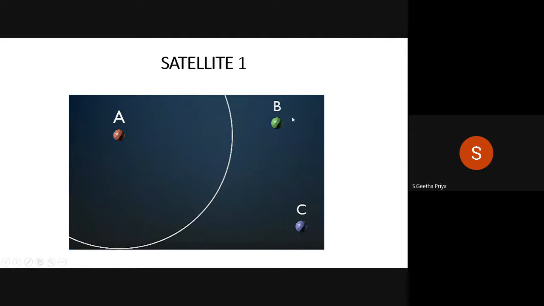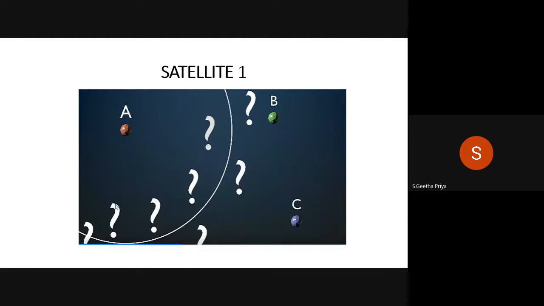In this image, see that A is satellite one, which is going to emit the signals. So this is the radius of the orbit of satellite 1. A is going to emit the radio waves, and in this orbit the work of satellite 1 is over.